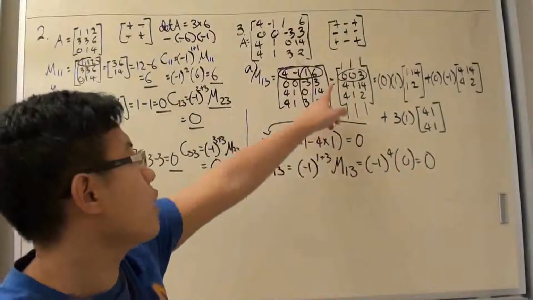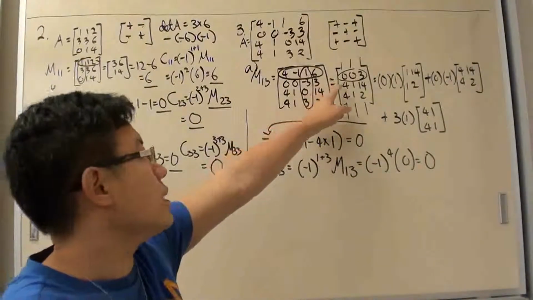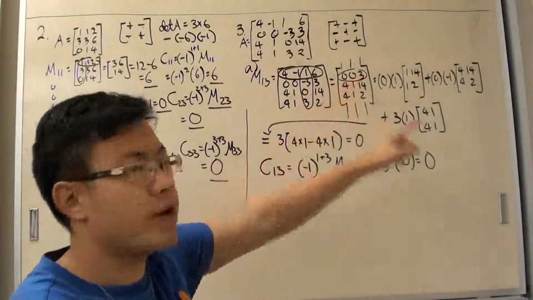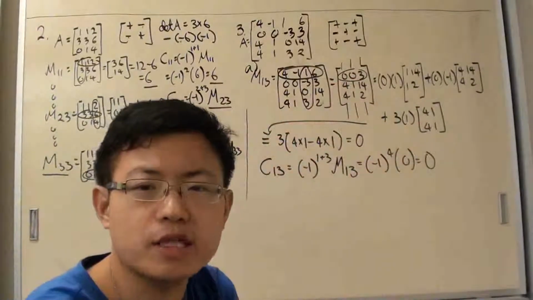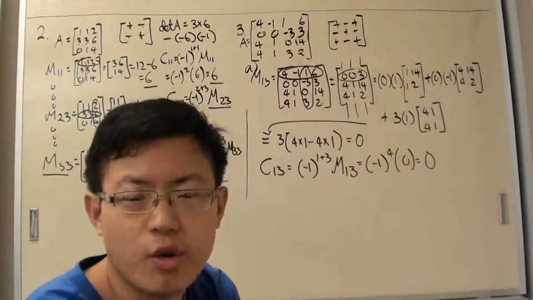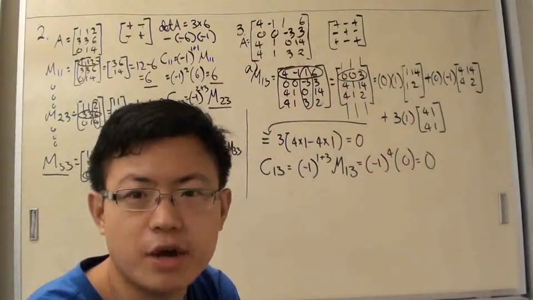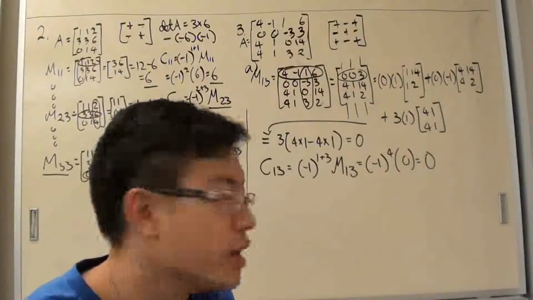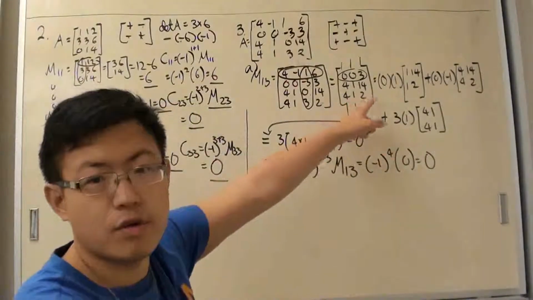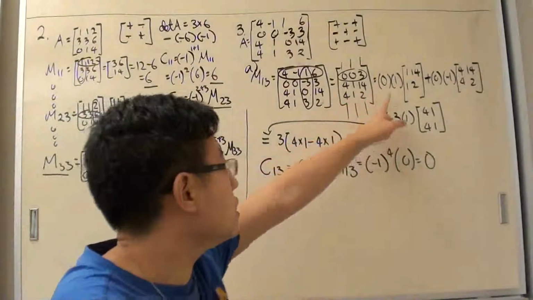The reason why I chose row 1 is that, if you notice, it's 0, 0, 3. Essentially, you want as many zeros as possible, because when we calculate the determinant, 0 times anything is 0. So we love that cancellation. If you follow the rest of the question, you will see why.